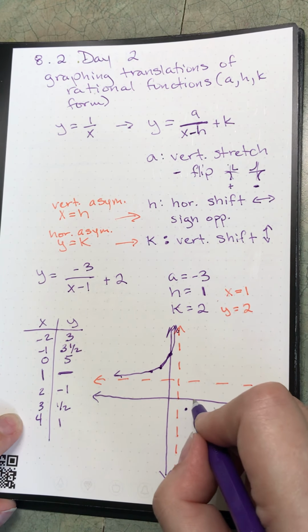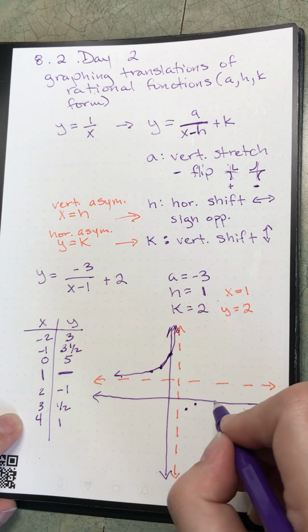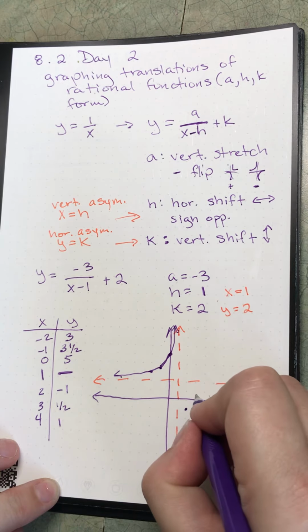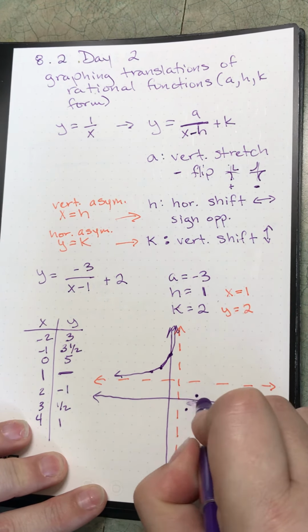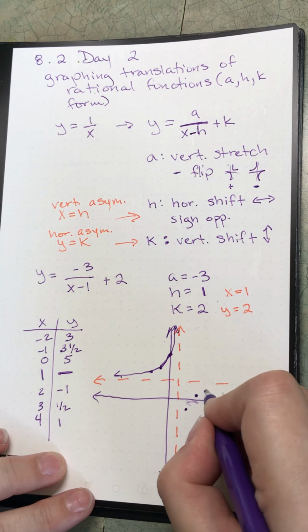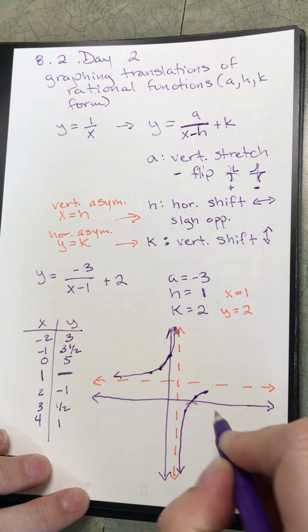At 3, I'm at 1/2. Oh, sorry, I put that negative. This should be up here. And at 4, I'm at positive 1. So here we go.